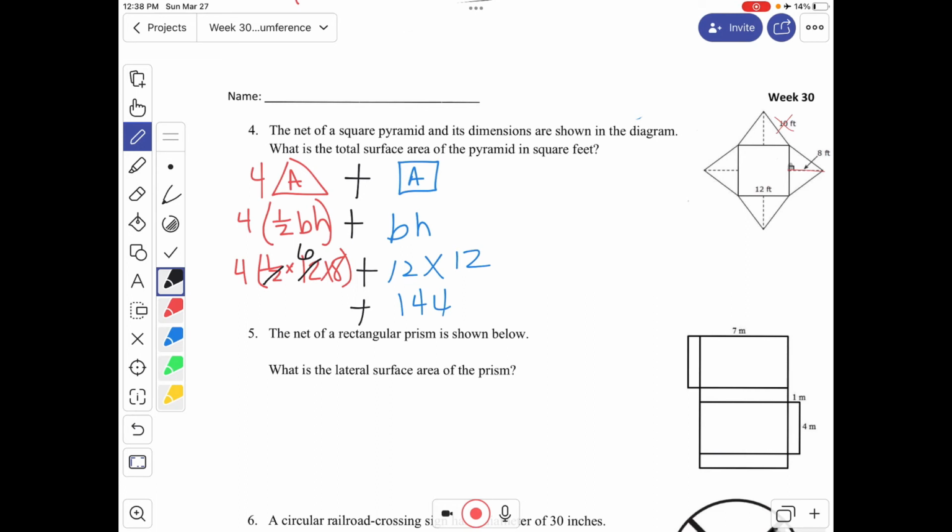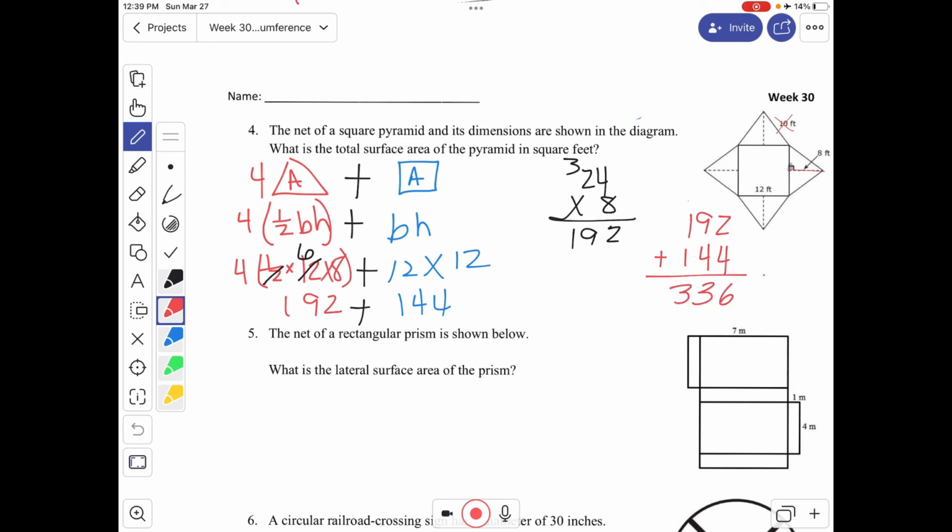And we're left with 4 times 6 times 8, which is 192. And then we need to add those together. So 192 plus 144 is 336 feet squared.